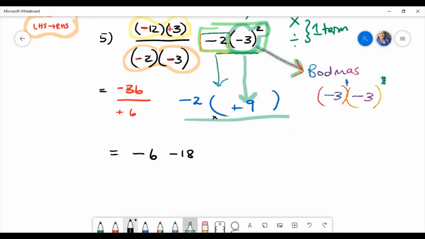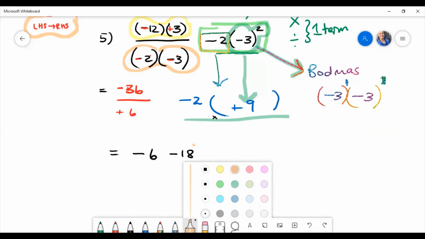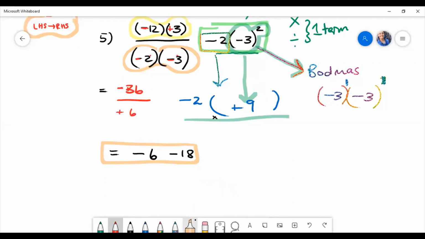And watch out, we are not multiplying in this step. We are merely becoming more negative. This is such a huge confusion when we have this step. Students make a lot of mistakes here. So we are just getting more negative.